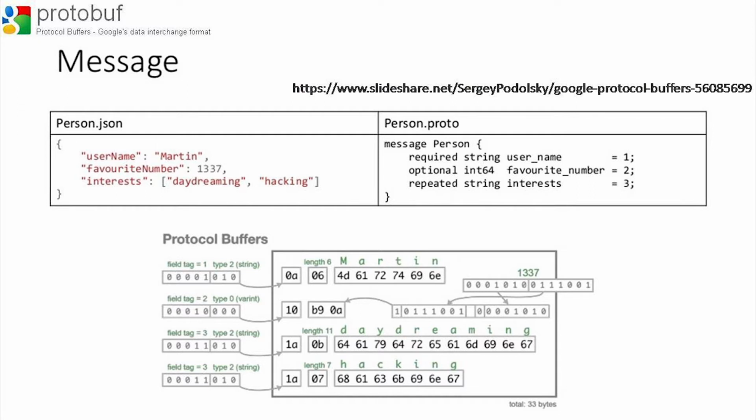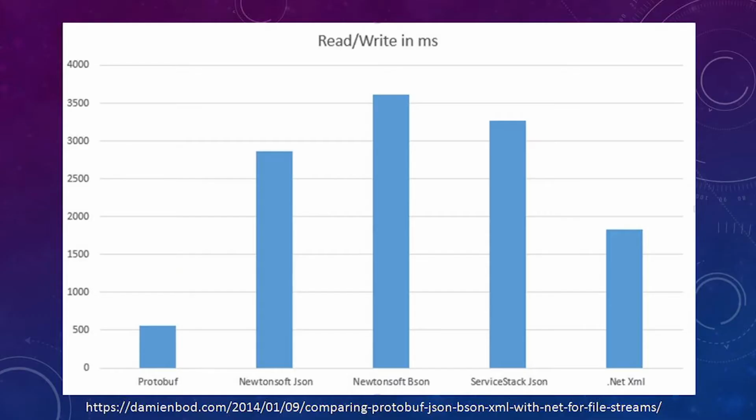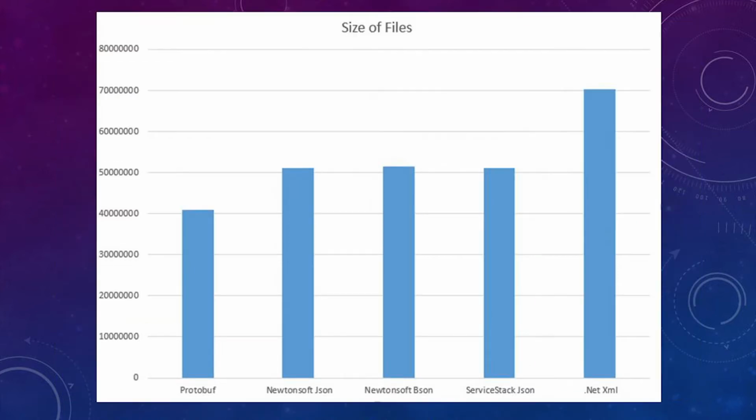The schema is not included in the message as it is in JSON, and instead the client and the server have a contract that they agree upon. There's some benchmarking that's been done where you can see how well Protobuf performs in .NET. It's similar in Node, as well as the size of the payload.